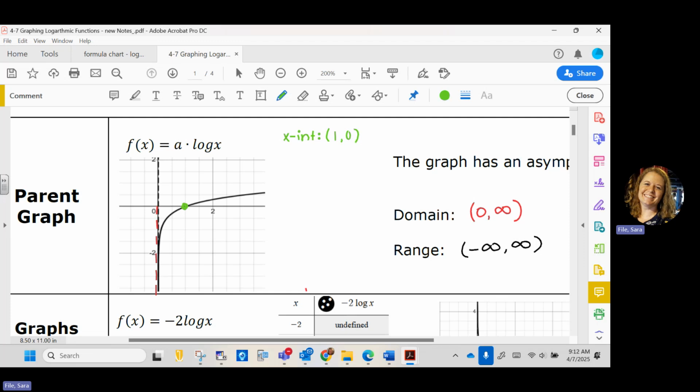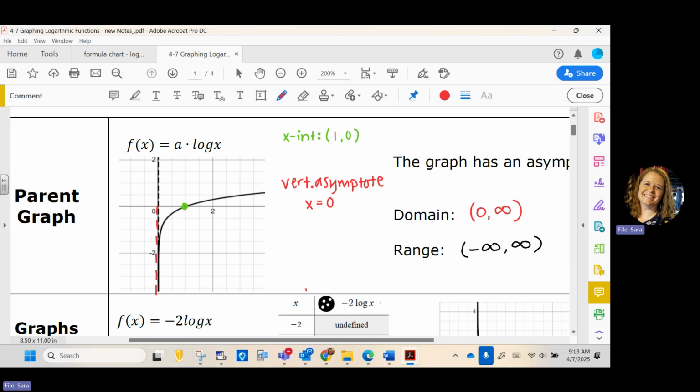We should start with an asymptote. Let's go ahead and list that asymptote, a vertical asymptote at x equals 0.